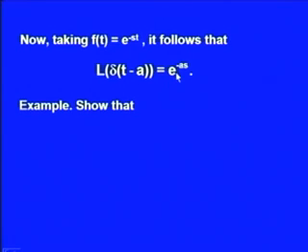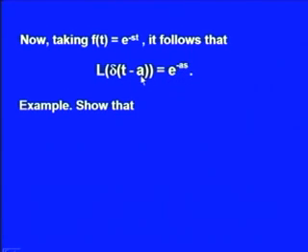So, that will give us e to the power minus a s, because we have shown that the integral over minus infinity to infinity of f(t) delta (t minus a) dt is equal to f(a). So, f(t) equal to e to the power minus s t will transform to f(a), that is e to the power minus a s. The Laplace transform of delta (t minus a) is e to the power minus a s.